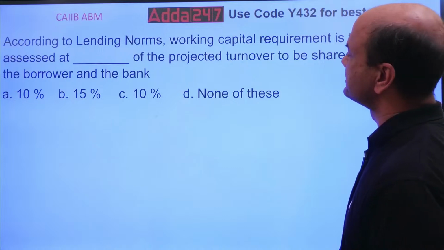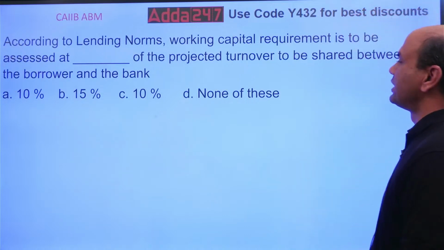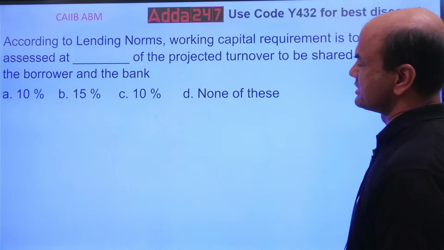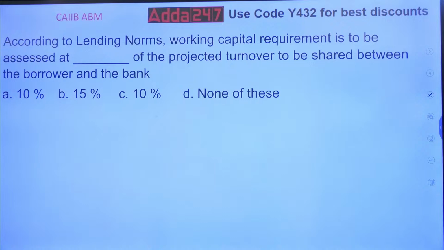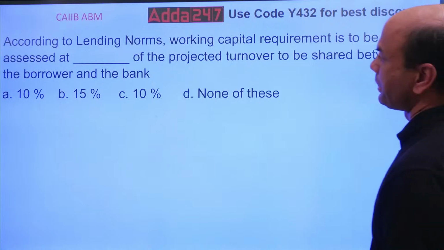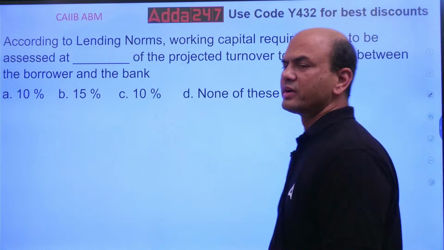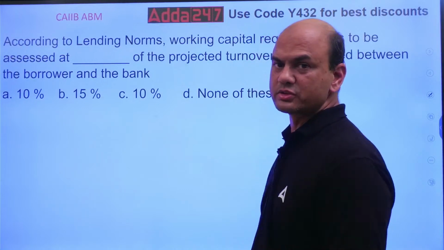According to lending norms, working capital requirement is to be assessed at dash of the projected turnover to be shared between the borrower and the bank. So, working capital for any project is to be assessed at what level?